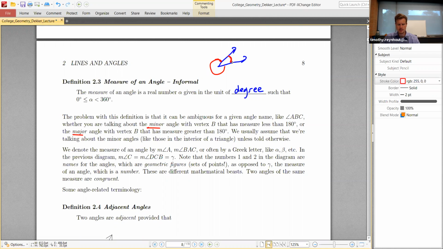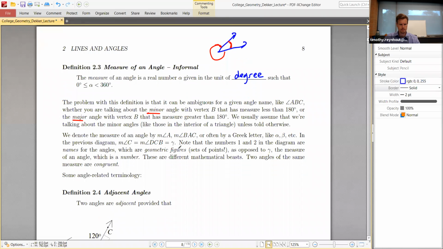The minor angle would be the inside, major would be the outside. So minor is the smaller, major is the larger. So we're typically referring to the minor.